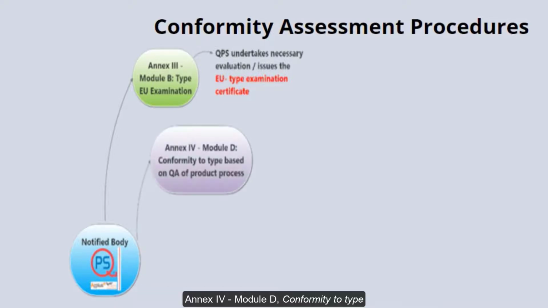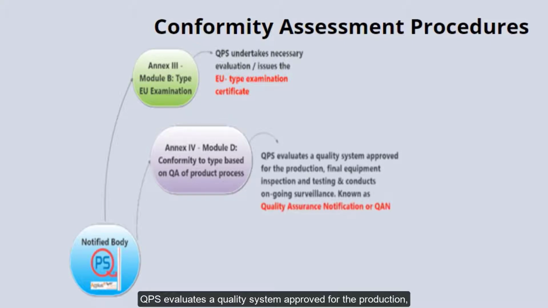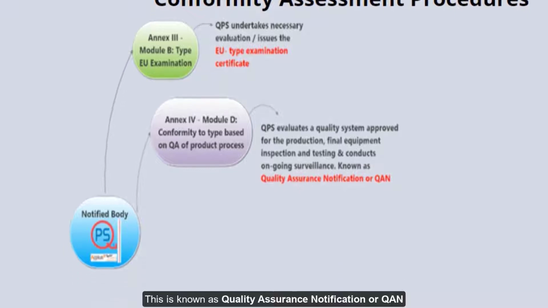Annex 4, Module D, conformity to type based on quality assurance of the production process: QPS evaluates the quality system approved for the production, final equipment inspection and testing, and conducts ongoing surveillance. This is known as the Quality Assurance Notification, or QAN.